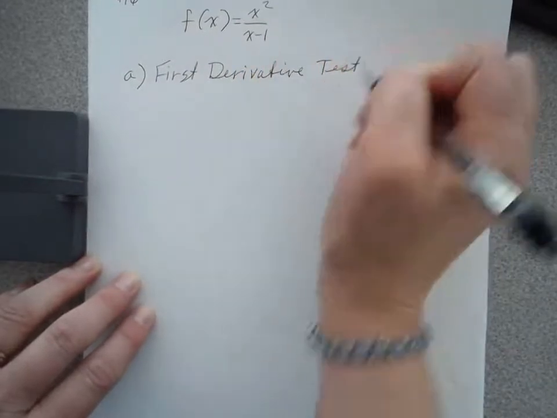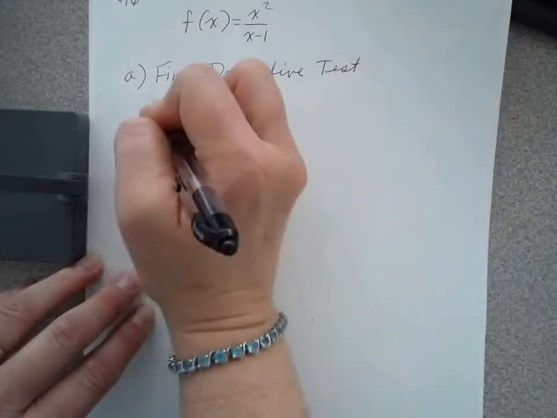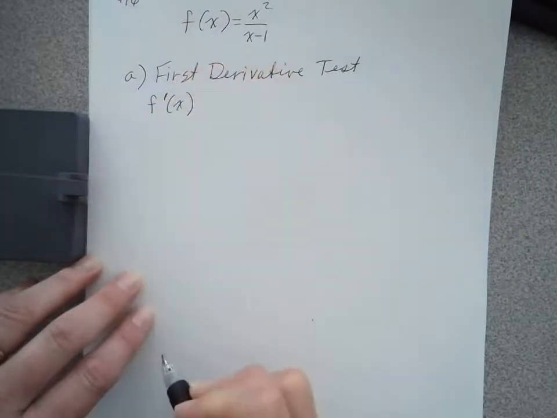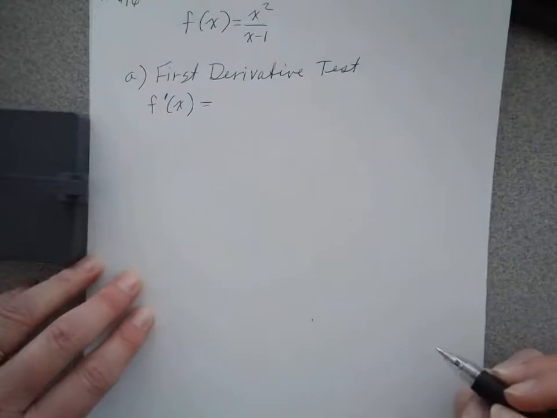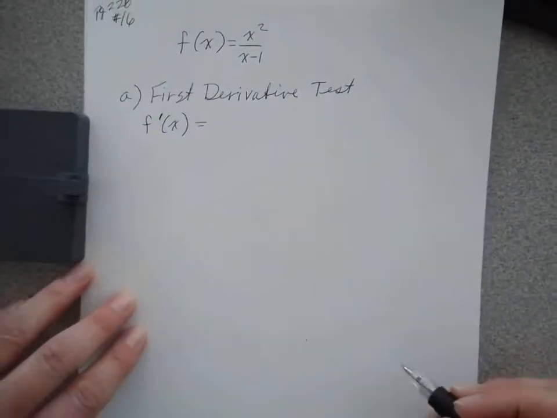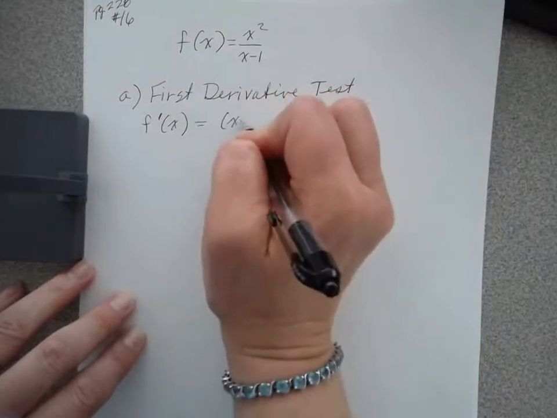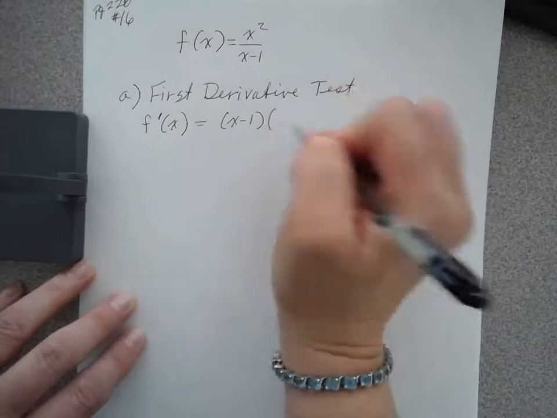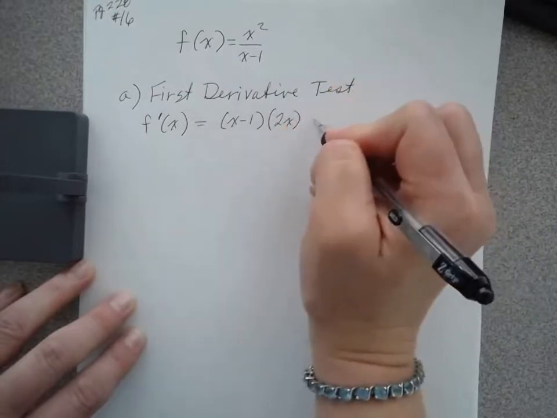Okay, so the first derivative test is we're going to take the first derivative. So what is the first derivative? What rule do we need to use? Quotient rule. So to the quotient rule, you're going to take the denominator, x minus 1, times the derivative of the numerator, which is 2x, and then plus or minus?